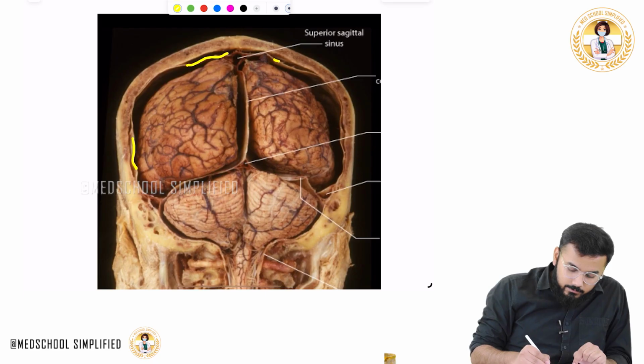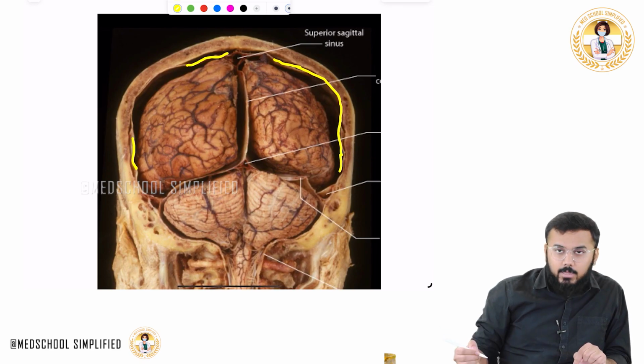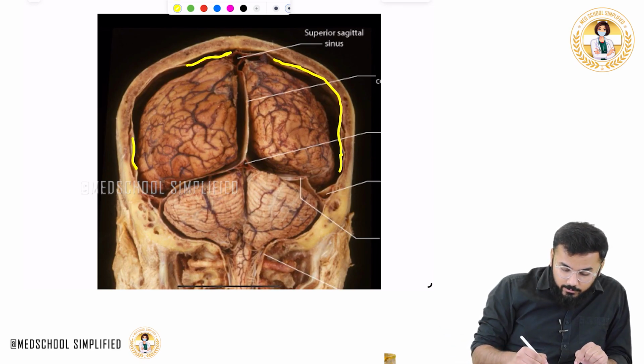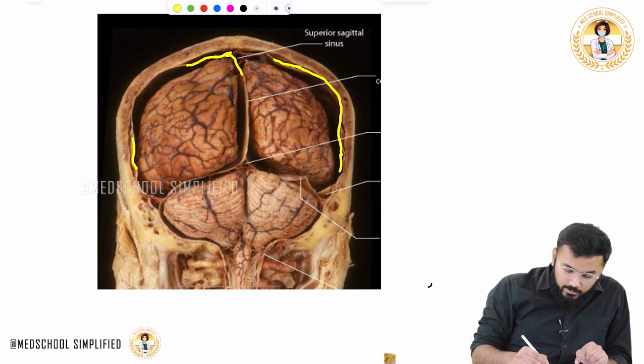Once this thick fold comes onto the top, look what is happening: it takes a turn inside like this.